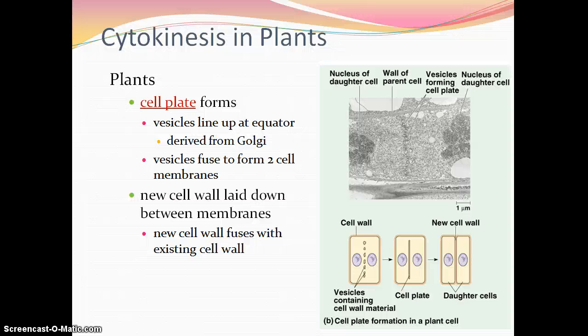So what a cell plate is, is vesicles lining up at the equator, and those vesicles have come from the Golgi apparatus. And they fuse to form two cell membranes. And that new cell wall is laid down now between those two membranes. And the new cell wall fuses with an existing cell wall along the edges to form two daughter cells.